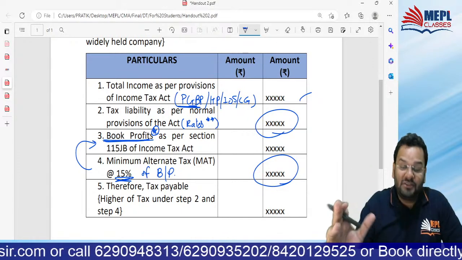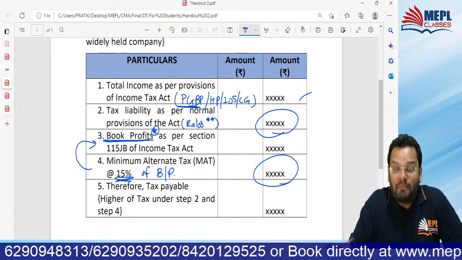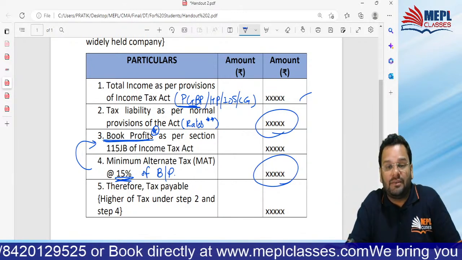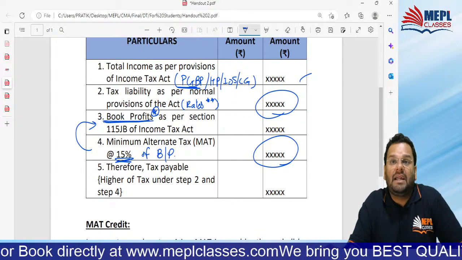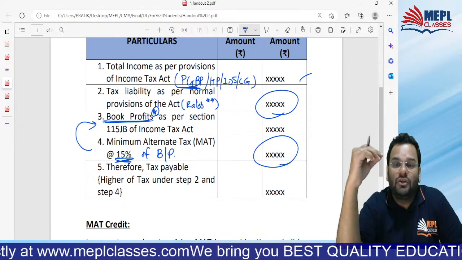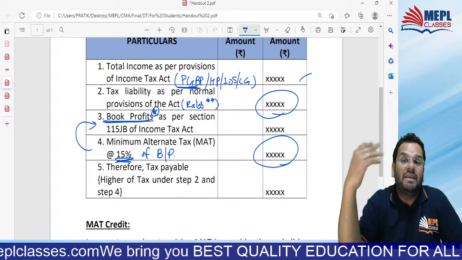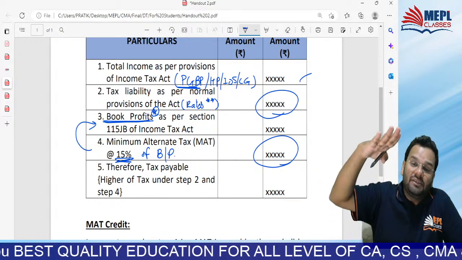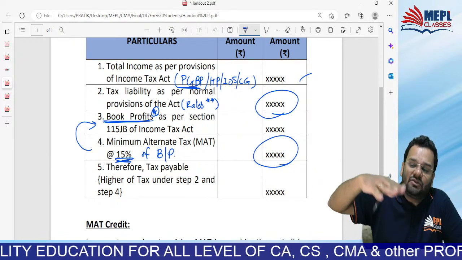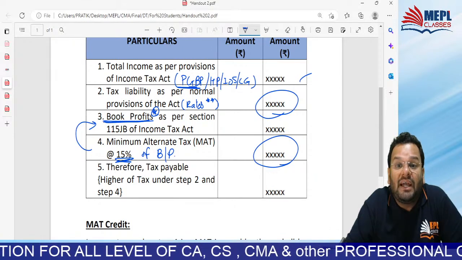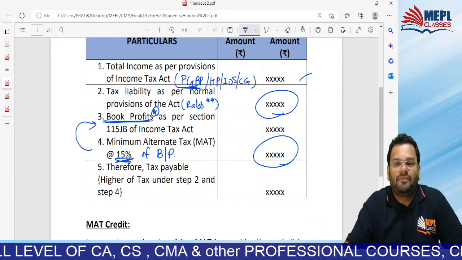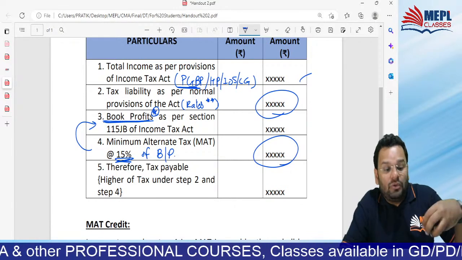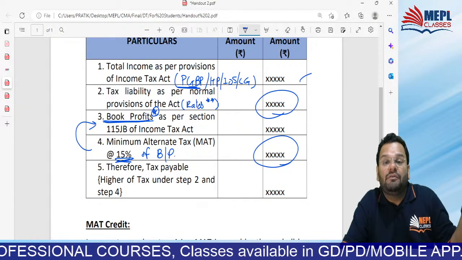What's the logic of MAT? We have to understand some history. Earlier, many companies used to claim heavy deductions, and their total income for paying tax was very less, or many times there was a loss, so there was no tax liability. But when it came to declaring dividend, the companies were profit rich.